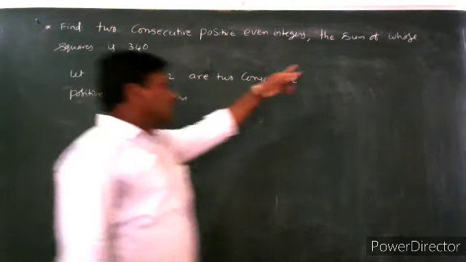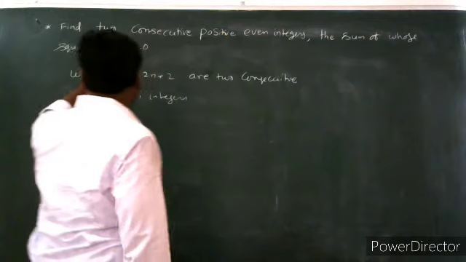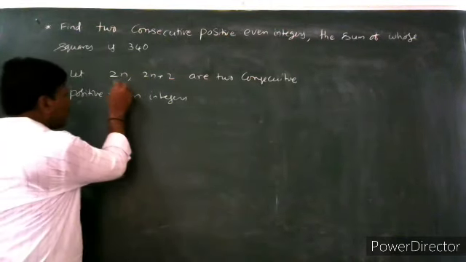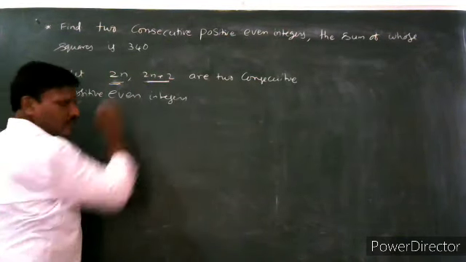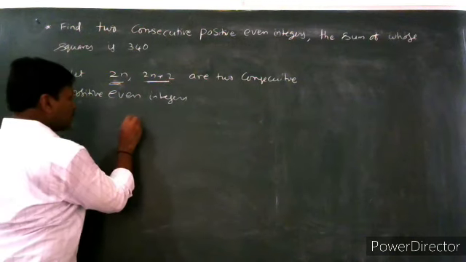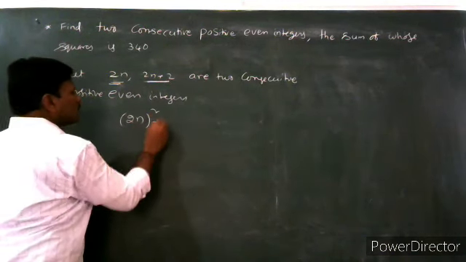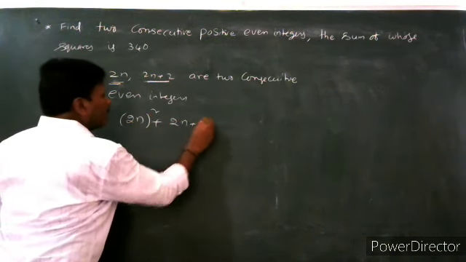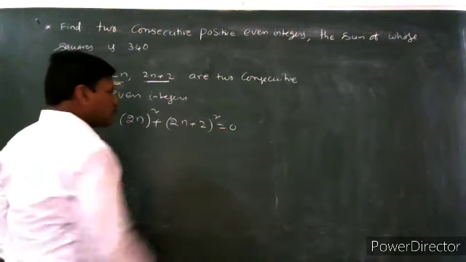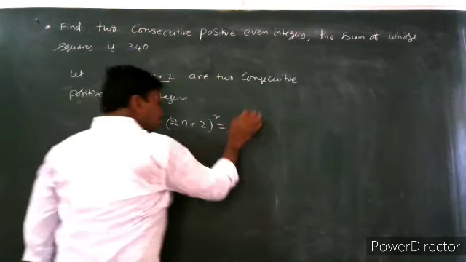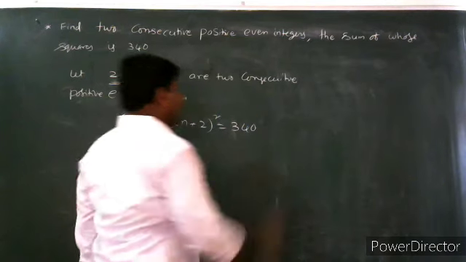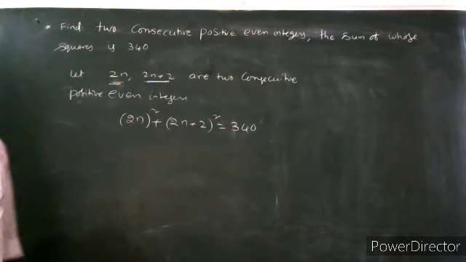The sum of whose squares is 340. Here is one value, here is another value. Sum of whose squares means (2n)² + (2n + 2)² = 340.